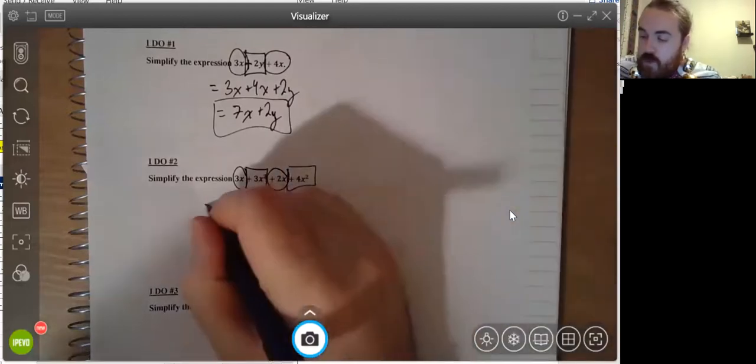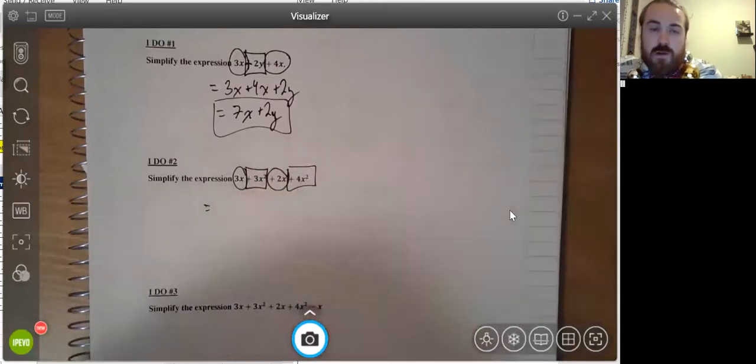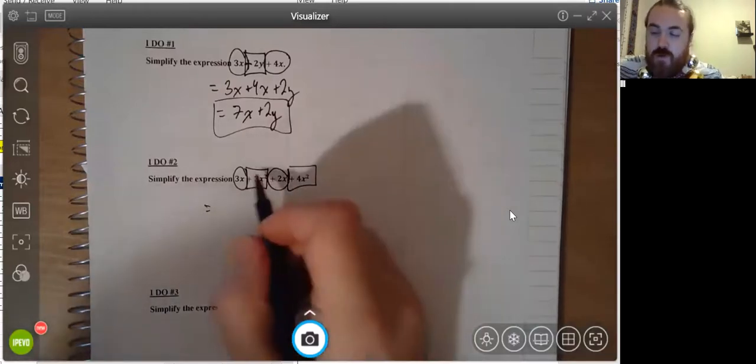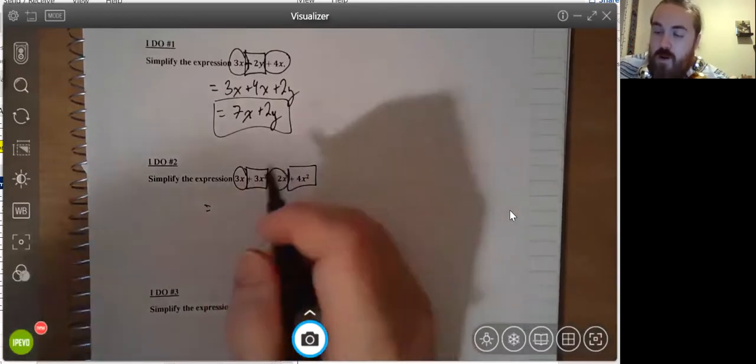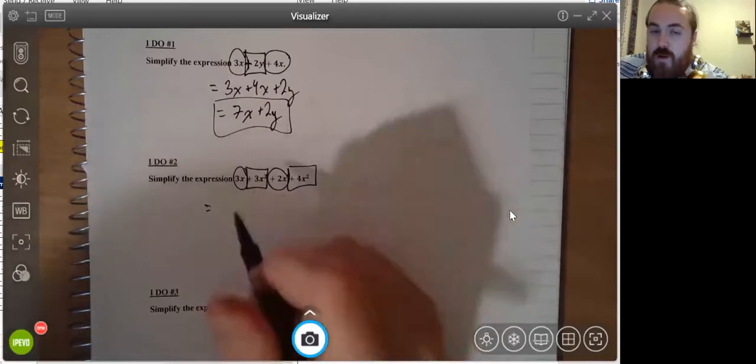All right, second step, rearrange it. Also, when you rearrange it, you don't have to do this, but a lot of times we go in descending order of exponents. So this would be a 1, this would be a 2, we put the 2 in front. Either way is fine.